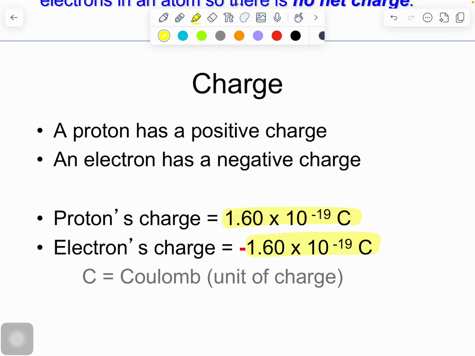Both of them are 1.6 times 10 to the negative 19 coulombs. The only difference is that electrons are negatively charged and protons are positively charged. This letter C here at the end is our unit, and it is a capital C to represent a coulomb, and that is the unit we will be using to measure all electric charges.